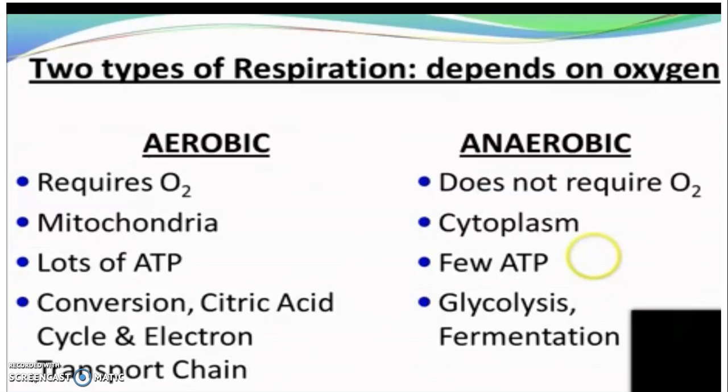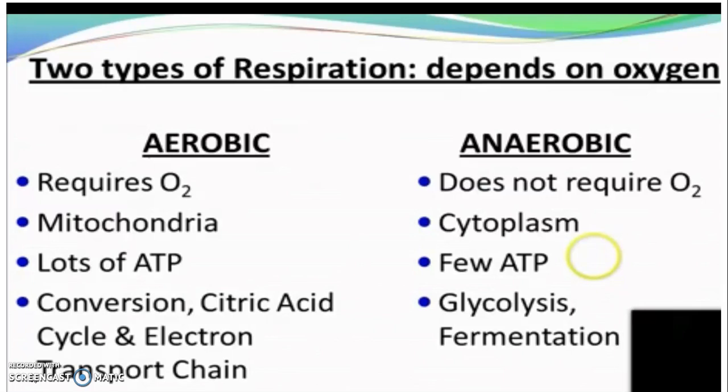When we are talking about respiration, there are two types of respiration, and it depends upon the availability of oxygen. One is aerobic and another one is anaerobic. Aerobic respiration requires oxygen and it takes place in mitochondria.